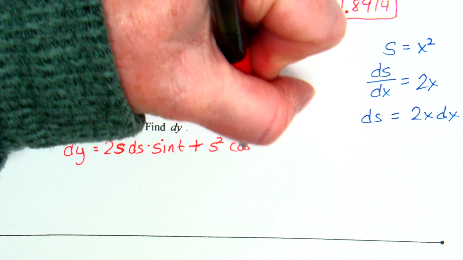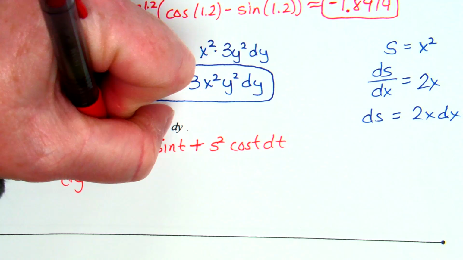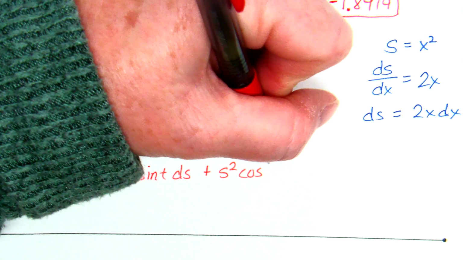Let's see. Is there cleanup? I can clean up the first term a little bit. dy is 2s sine t ds plus s squared cosine t dt. You could throw in some parentheses around certain pieces to separate.